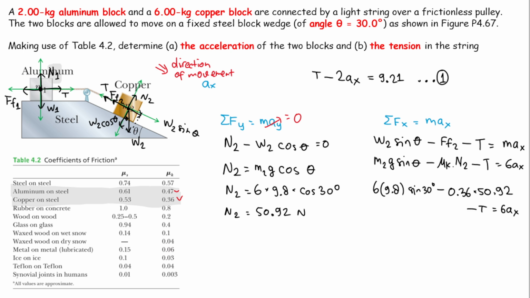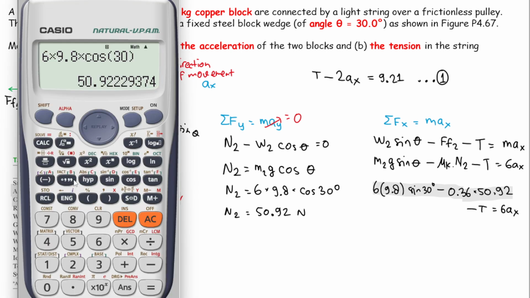Okay, and this part here is just numerical values, right? And we can calculate that using a calculator. So I will have 6 times 9.8, and then sine of 30, and then minus 0.36 multiplied by 50.92. So I will have 11.07.